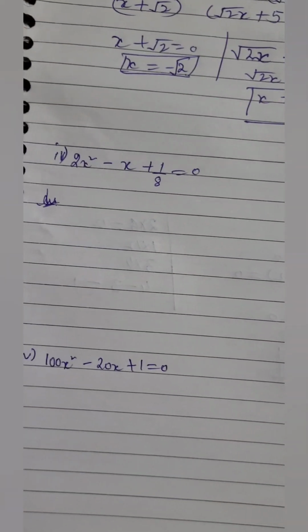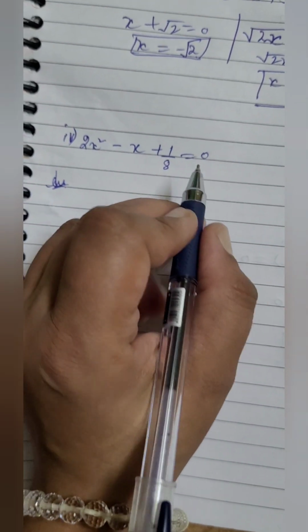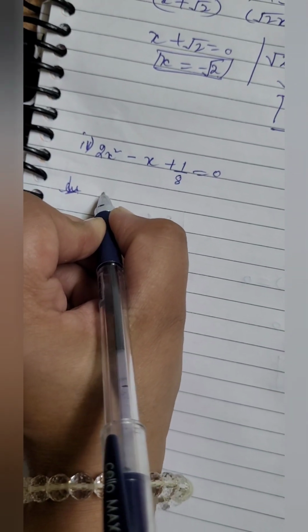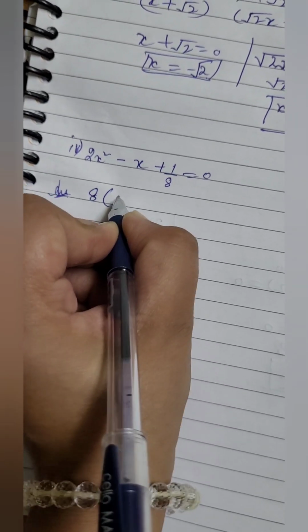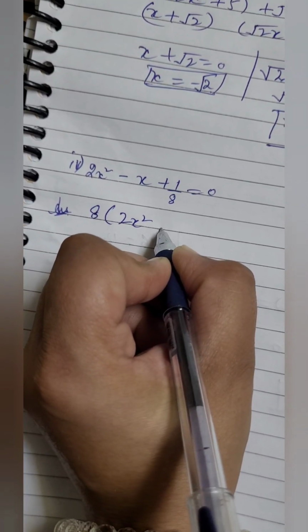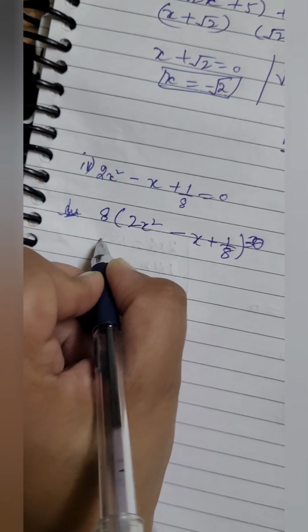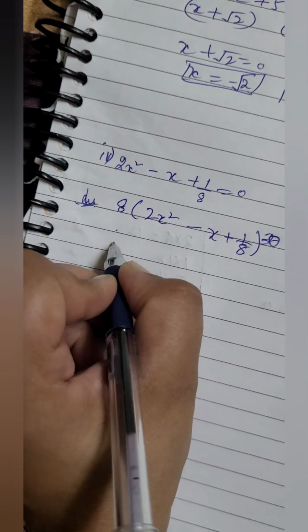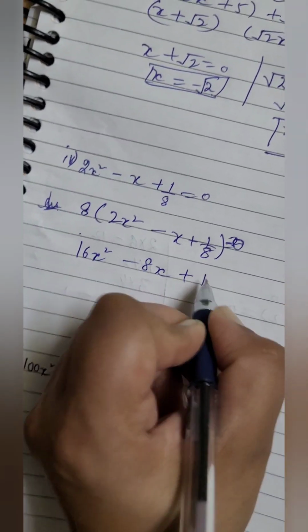The next part says 2x square minus x plus 1 by 8 equals to 0. So we have to first take the LCM, which is 8. By solving we get 16x square minus 8x plus 1 equals to 0.